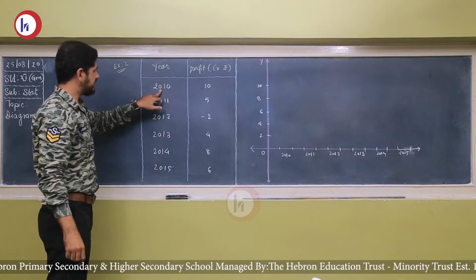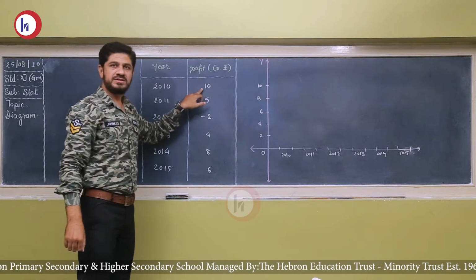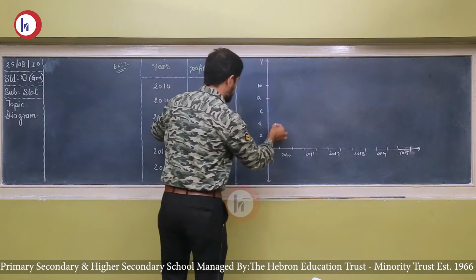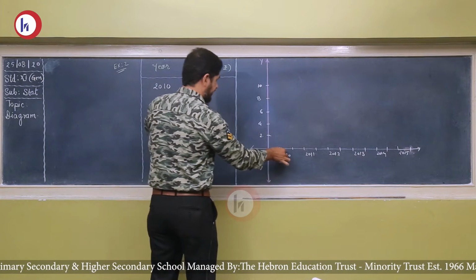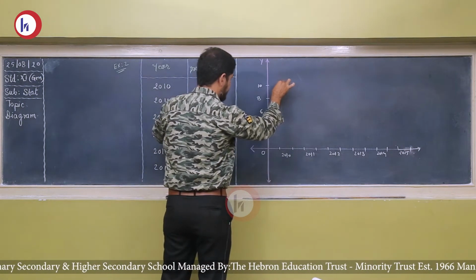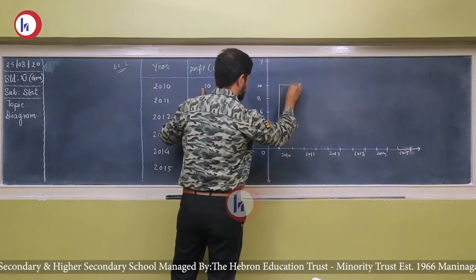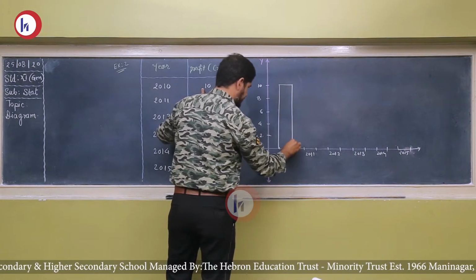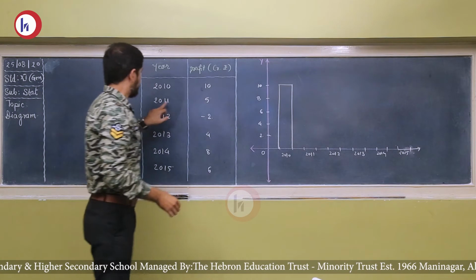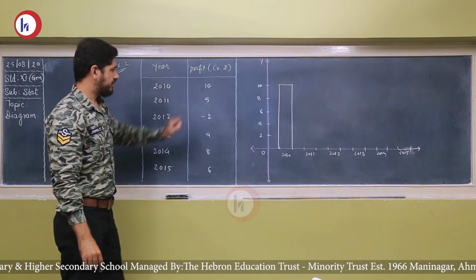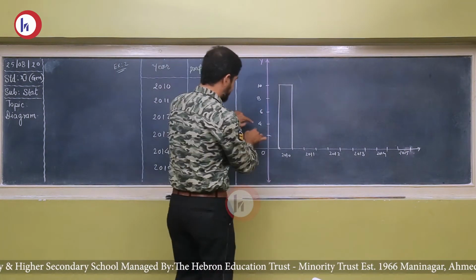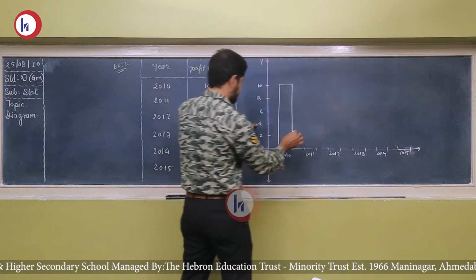Now in 2010 the profit is 10 crore. In 2011 the profit is 5 crore. The 5 lies between 4 and 6.